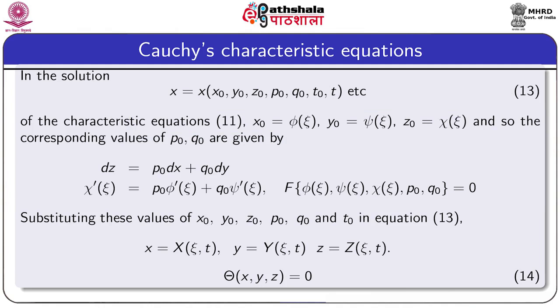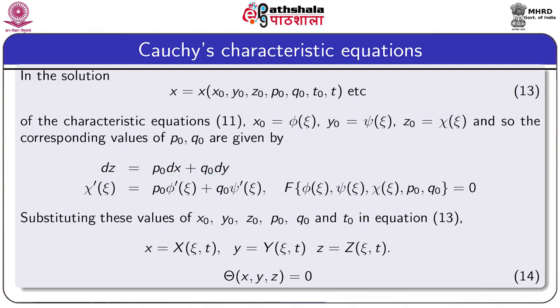So, the corresponding values of p0 q0 can be obtained in this way: dz equals p0 dx plus q0 dy, and z is a function chi zeta. So, if you take the derivative, chi dash zeta equals p0 phi dash zeta plus q0 psi dash zeta.